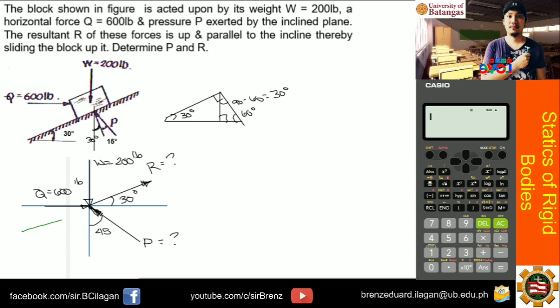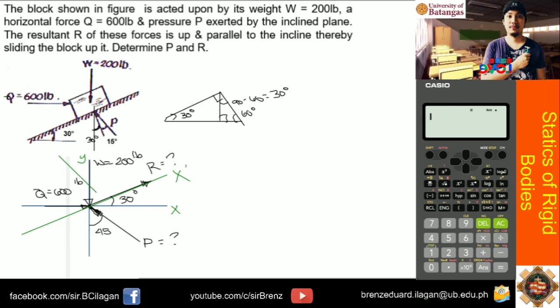So, mag-a-adjust nga siya. Gamitin ko lang ng straight tool. Ayan, pantay na siya ngayon doon sa R. So, this will be your new x-axis. Tawagin ko siya as x prime. So, before, ito yung x, and then, ito yung y. Since nag-adjust tayo ng axis, ganito yung magiging itsura ng bagong x-axis.